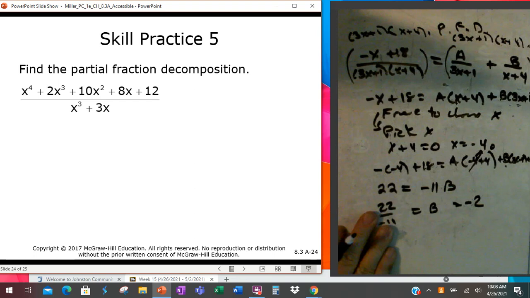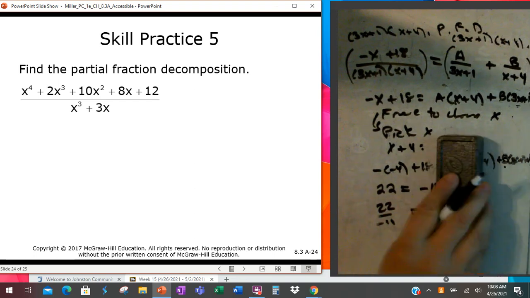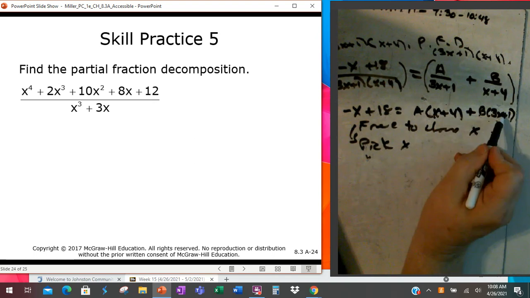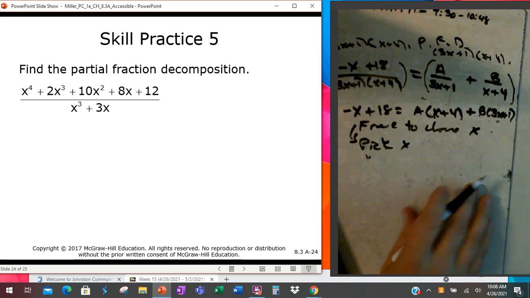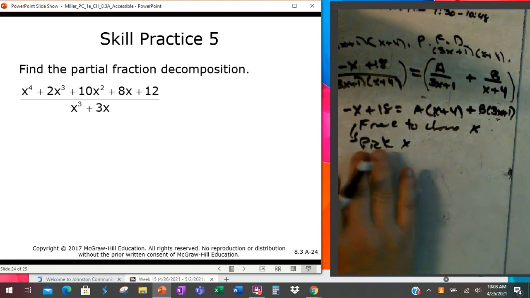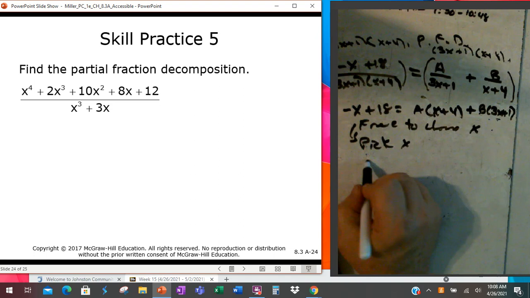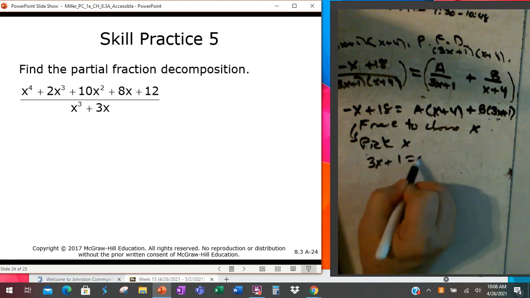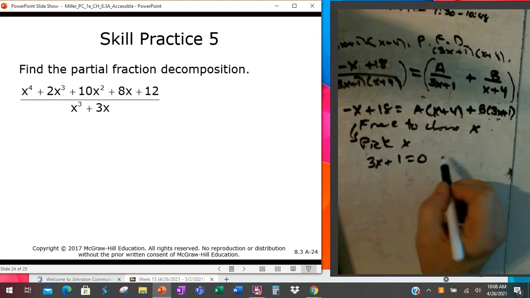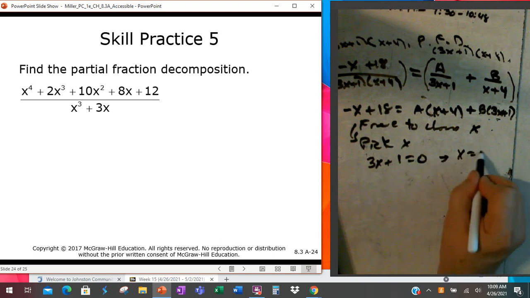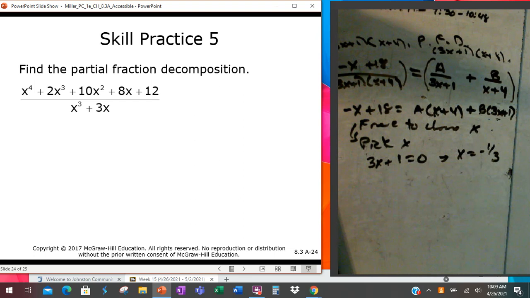What I want to do is just do this over for my 3x plus 1 factor. I'm going to make this equal to 0, and that gets rid of this. Now this one turns out to be a little messy because of the fractions, but I'm just doing 3x plus 1 is equal to 0. -1 divided by 3, so my x is -1/3.